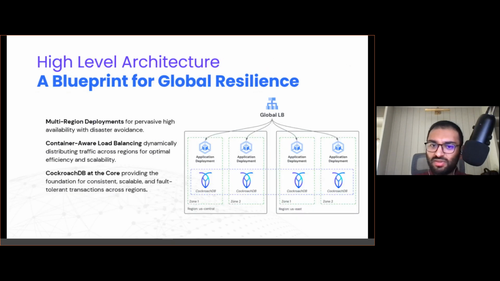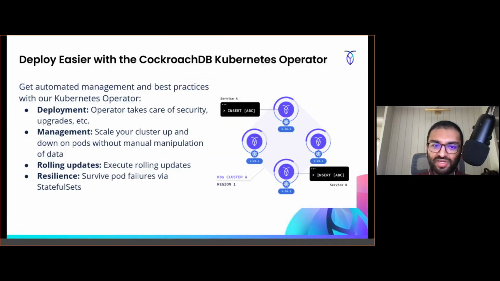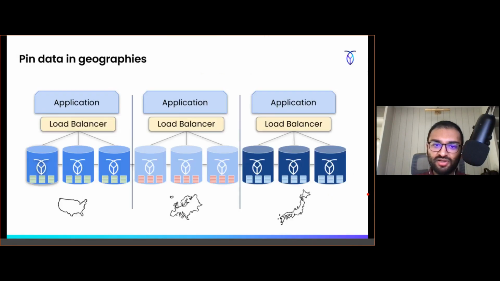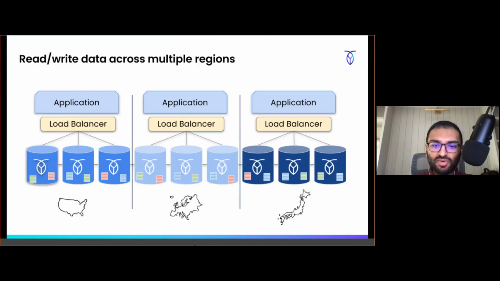Let me bring up a reference slide over here. Okay. So let's say you have a globally distributed database that you see here across multiple regions, and let's treat this as different regions. Let's say your US region failed.